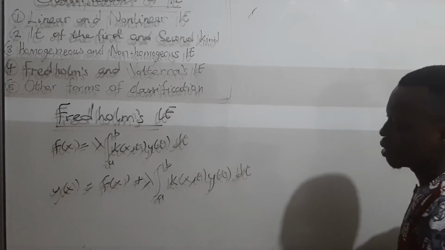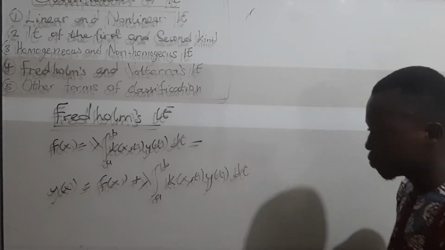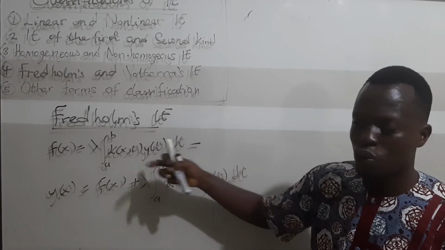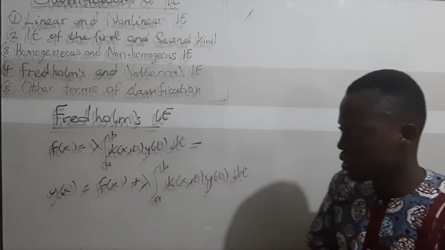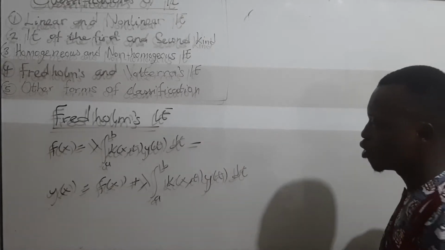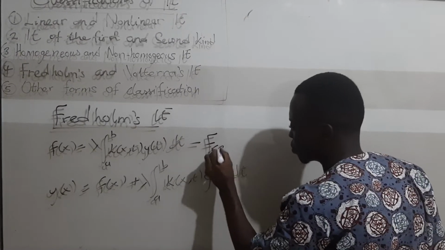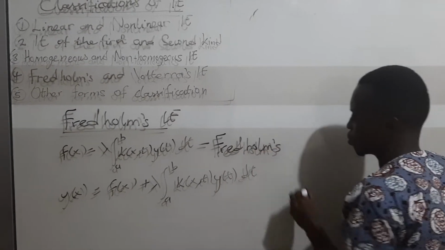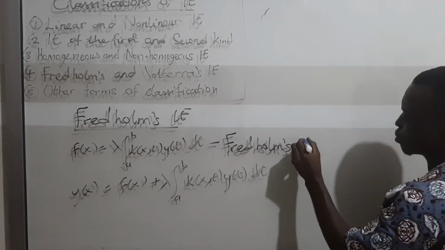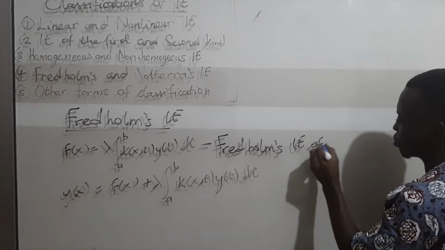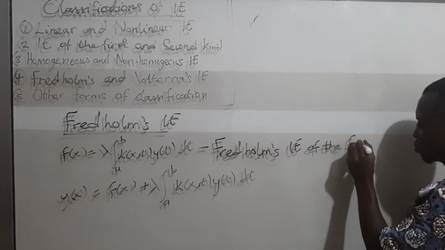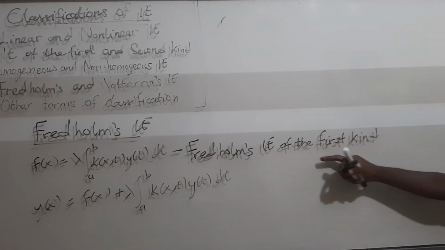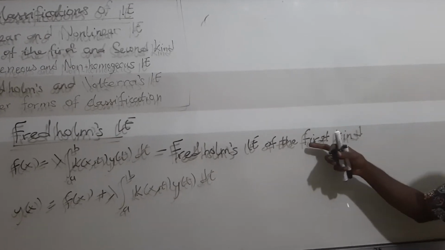Alright, let's name our first equation. We know that the unknown function appears only under the integral sign, so it's a first kind integral equation. So we're going to name this integral equation as a Fredholm's integral equation of the first kind.